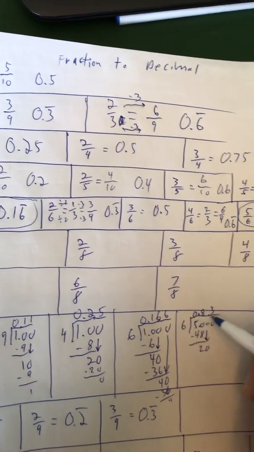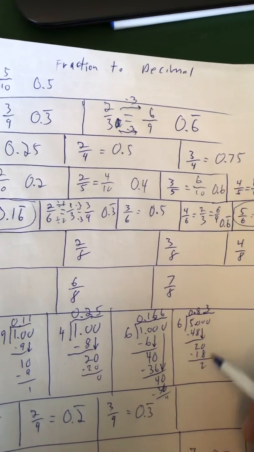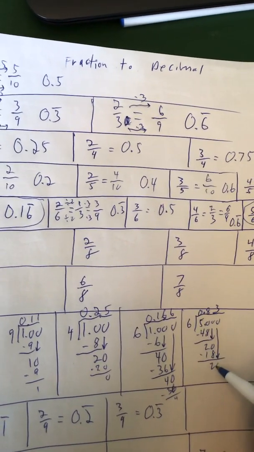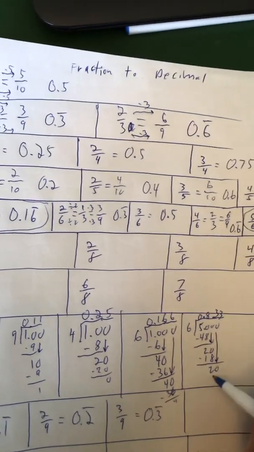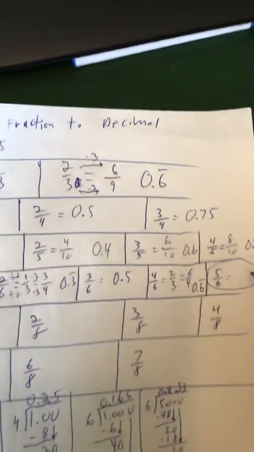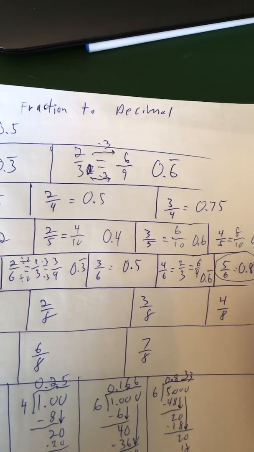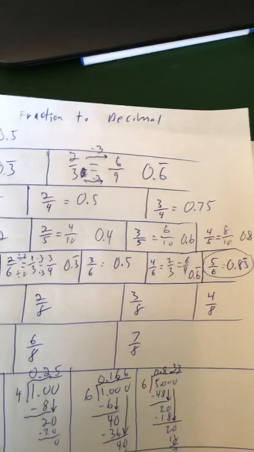Oh, my decimal's right there. And you get 18. And you see how you just start getting 2's again? You get repeating. And so your decimal is going to be 0.8, and the 3 keeps repeating. So the bar goes over the 3.